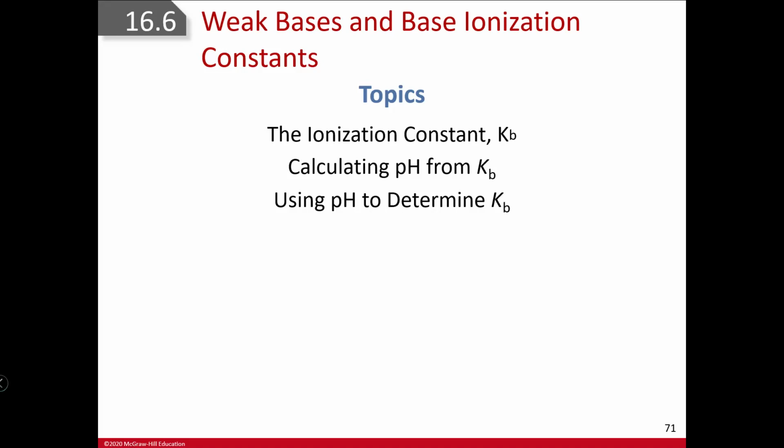So today we're going to focus on Kb, and then work from Kb. I'll show you how that works with acids or bases, and then we'll look at both Kas and Kbs. So last time Ka, this time Kb, and then we'll go from there.